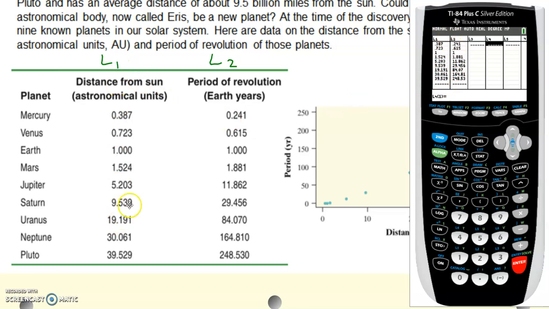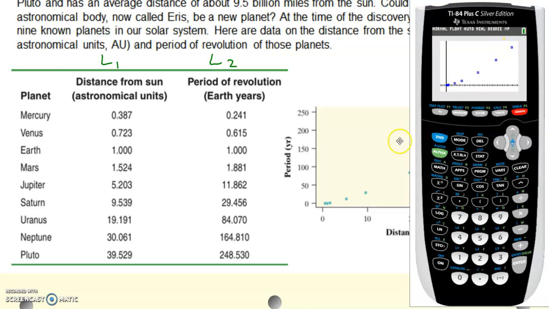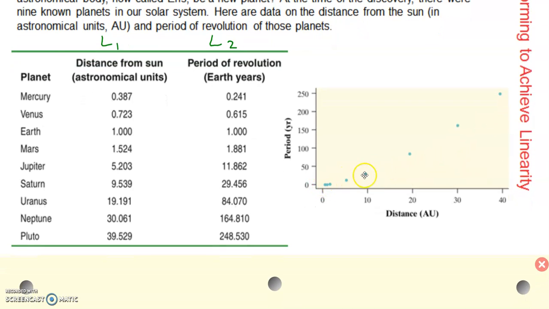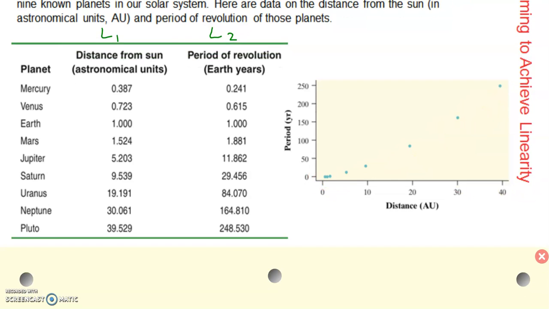List 1 is distance from Sun, list 2 is period of revolution. And if you look at a scatter plot here, you can see a slightly curved relationship. It might look like a line would fit that pretty well, but the points on the end would be above and the points in the middle would be below, which would give this pattern. Really, a slightly curved line would better fit this data.